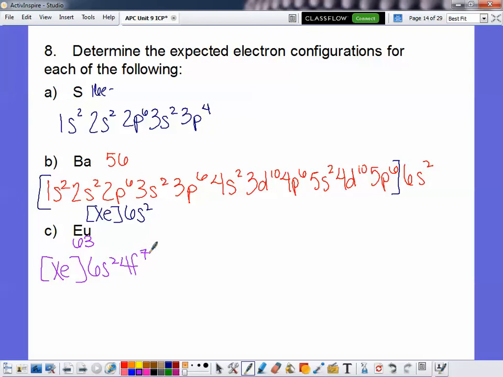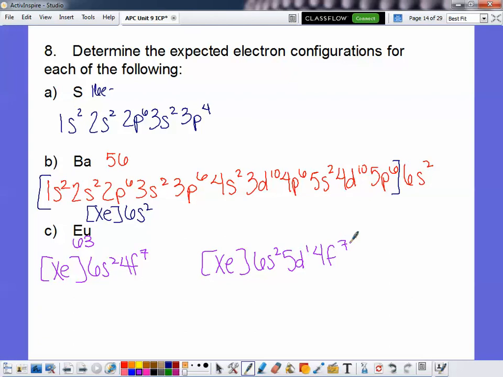Now, we did that just based off of the number of electrons. If you're using the periodic table, you might have gotten this: Xe, 6s2, and then 5d1, and then 4f7.